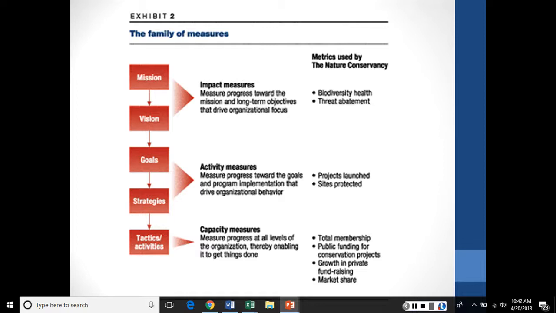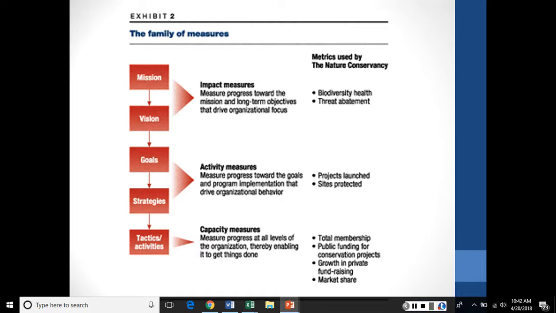This is called our family of measures. There are different measures that the organization should have in place to identify if they're carrying out their mission. The different measures might include impact measures. The organization will have an overall mission statement, and from it they probably have a vision statement, which is a little longer.